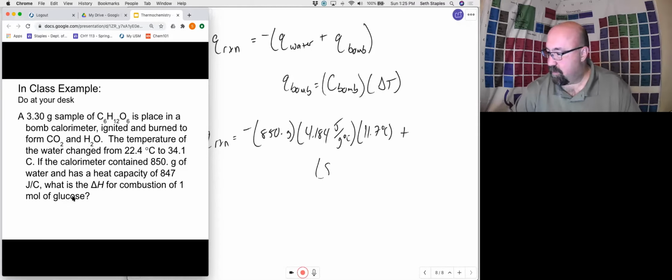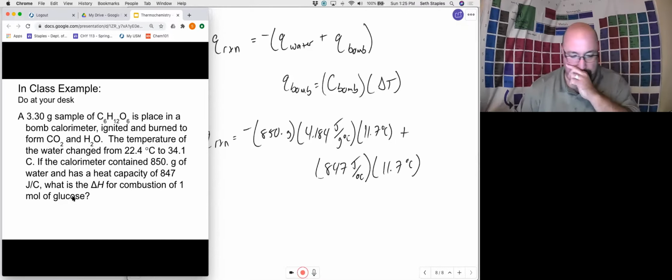We know C of the bomb, we were given that in the problem, 847 joules per degree C, times our temperature change of 11.7 degrees C.